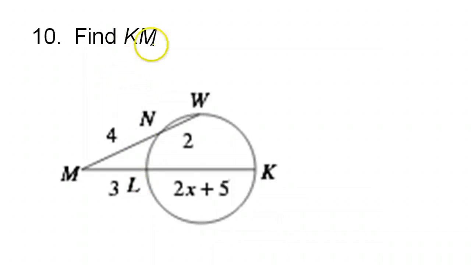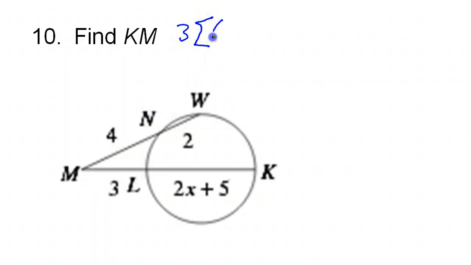Okay, and we're supposed to find Km. So again, we will have to take whatever we find for x and substitute it back in. But for now, part times whole equals part times whole. So that's 3 times, let me use a bracket. I'm doing the outer part.